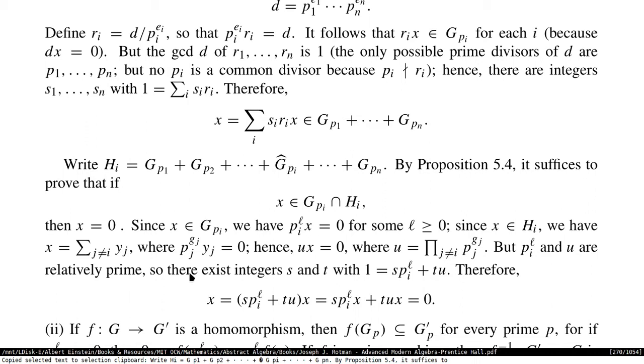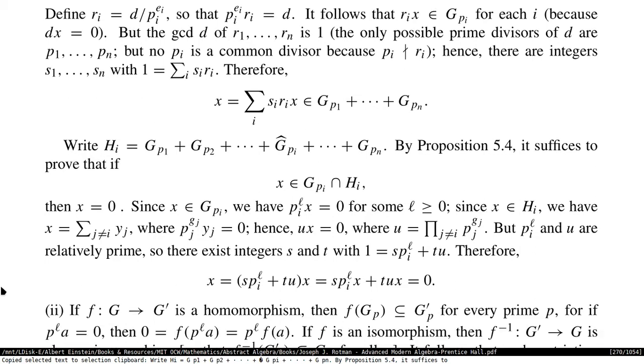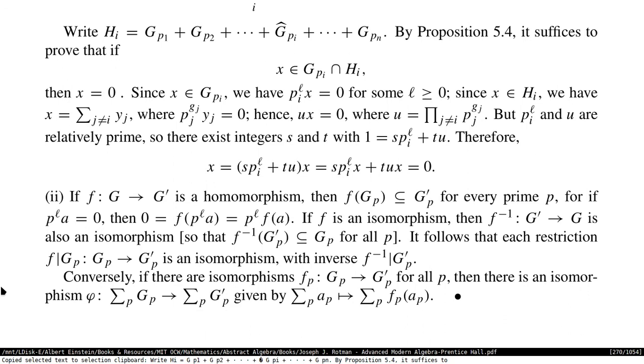Now ux is equal to 0, so he defines u to be the product of these pj primes. Now what you do is these primes with the exponents and these primes with the exponents u are relatively prime, right? They have nothing in common. So as they're relatively prime, their GCD is 1.